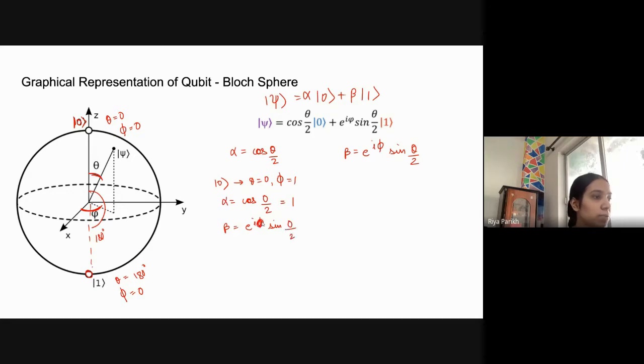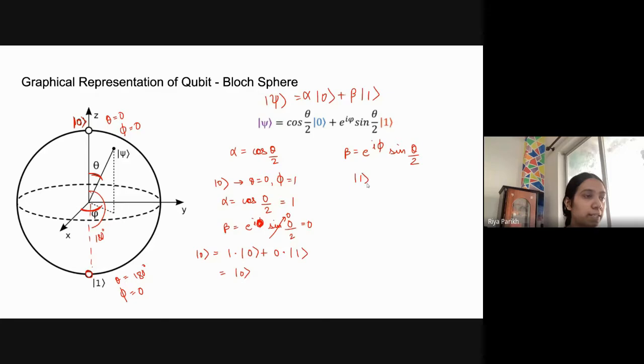This is also 0. So this tends to 0. So our state 0 can be denoted as 1 times state 0 plus 0 times state 1, which is state 0. So LHS is equal to RHS.